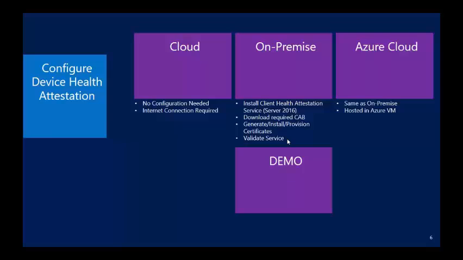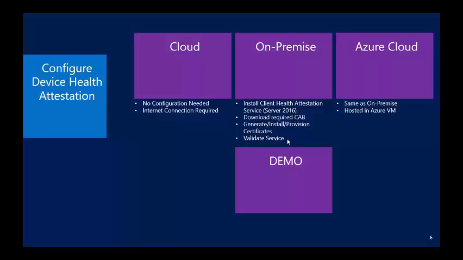On-premise, there is configuration required, so we need to install the Device Health Attestation service. That's a 2016 thing. We need to download a specific CAB file that we'll use as part of that configuration. Then we'll need to provision certificates and validate the service is working, right? We'll see how that's all done. The Azure cloud scenario, again, no different except that you're putting the on-premise in the cloud, right?